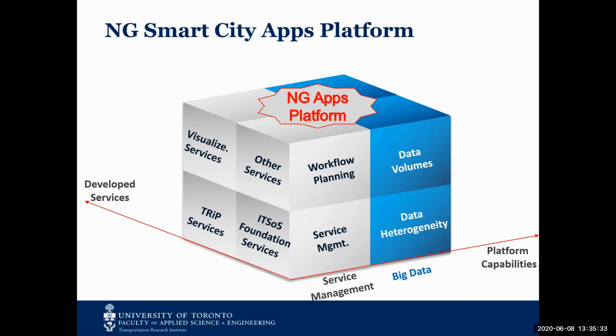We handled smart planning of services and smart composition and selection of services. And we also worked with large volumes of data, different varieties of data, different formats, different access methods, and so on and so forth. And to the left, we've also developed many of the services that we described, and those services process those data.